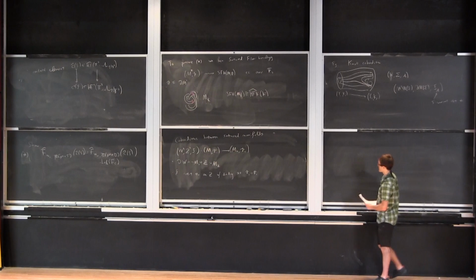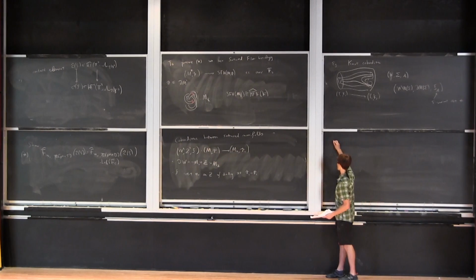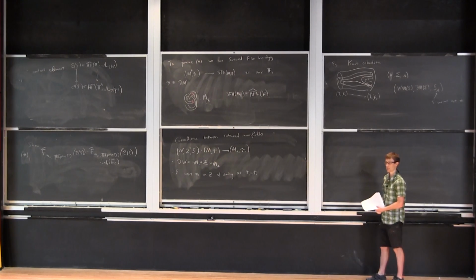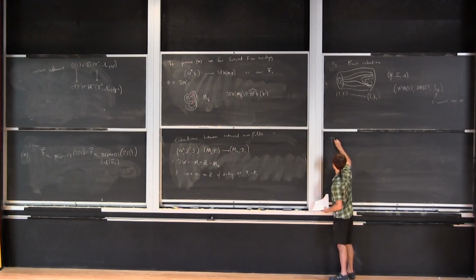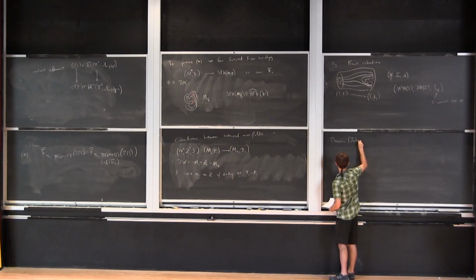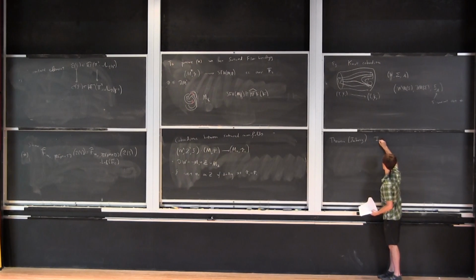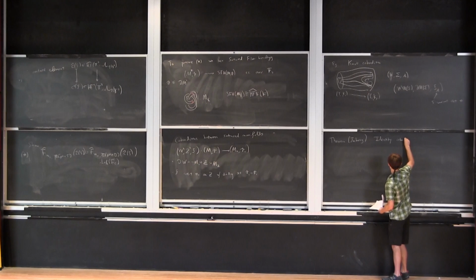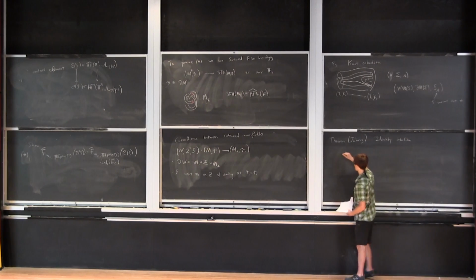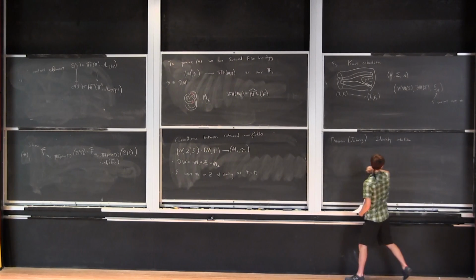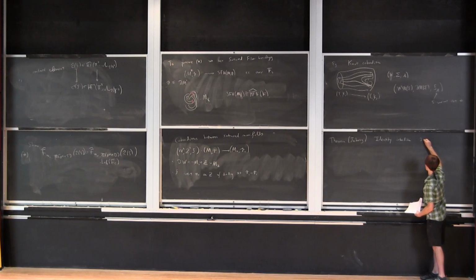So the first example is the identity cobordism. What is that? Let me just say theorem. This is due to Juhász. The identity cobordism induces the identity map. So this will be I times M. That's the four manifold.